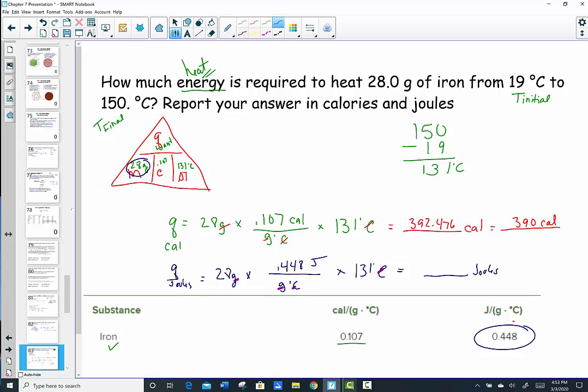Let's hit that. We have 28 times 0.448 times 131. My screen reads 1643.26, but let's do that to 2 sig figs. 1600 joules. M times C times delta T are units to help us find heat energy.